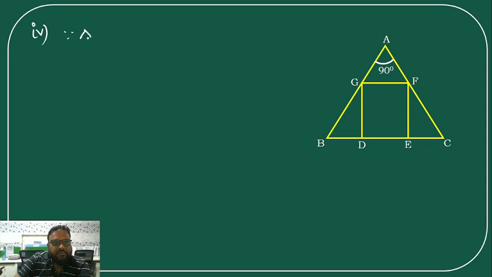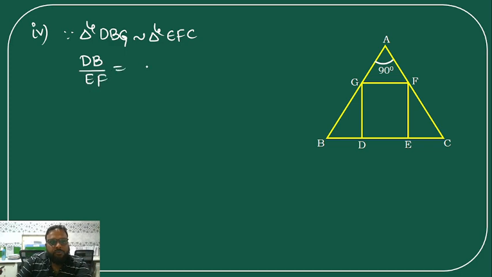Since triangle DBG is similar to triangle EFC, the ratios of the sides will be proportional. So I can write DB by EF is equal to BG by FC is equal to DG by EC. We got this in this case.